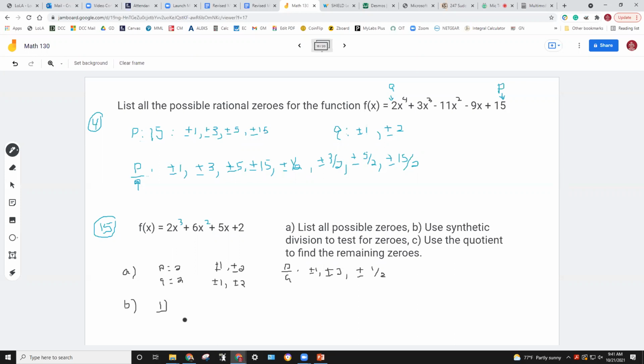So remember, we're using coefficients here. And remember, if there's one missing, in other words, if there weren't an x squared term, you need to put a 0 there.